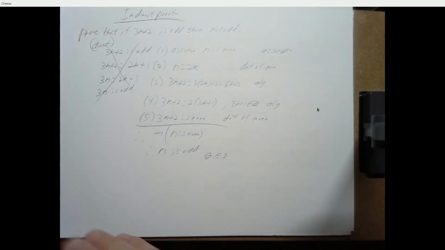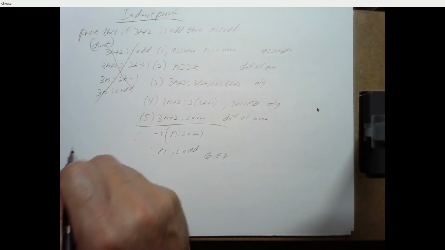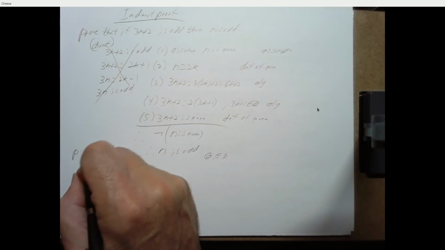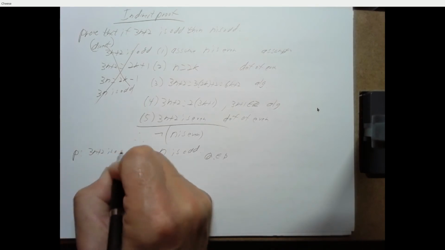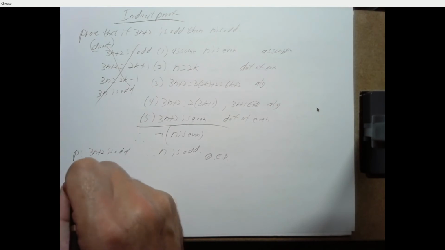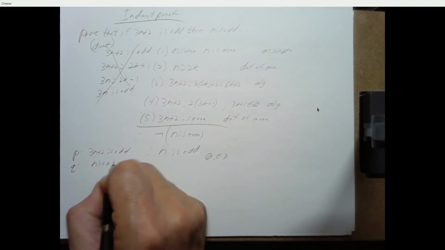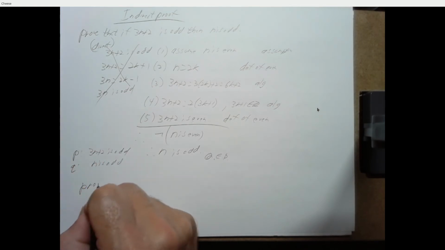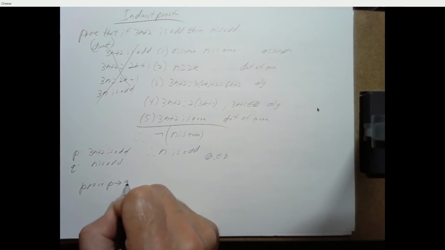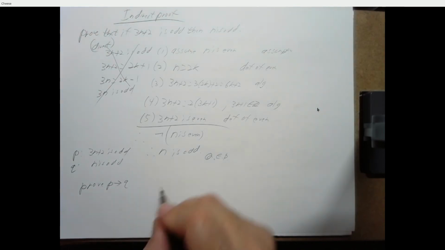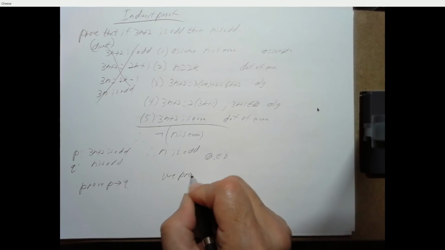So indirect proofs feel a little weird sometimes, but what's really going on here is contrapositive, right? So let P be the proposition 3n plus 2 is odd, and let Q be the proposition n is odd. And we're asked to prove that P implies Q. Well, what did we prove?